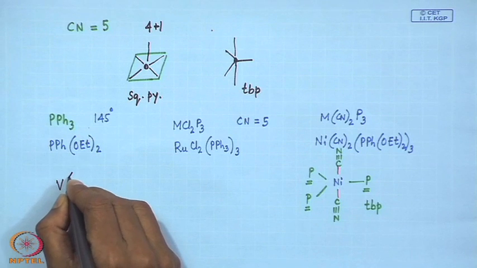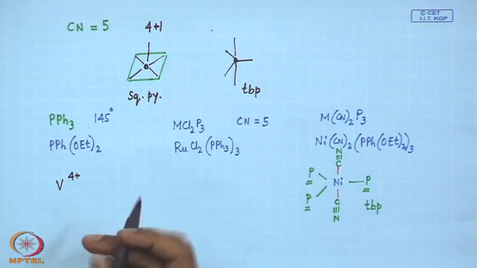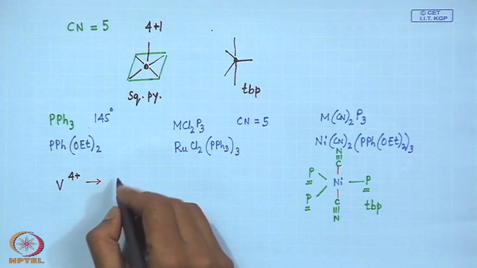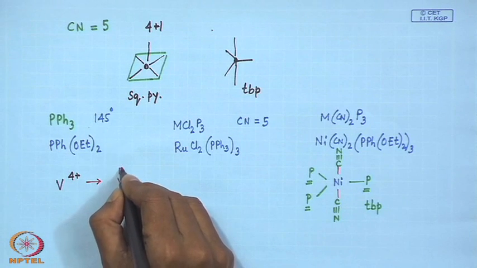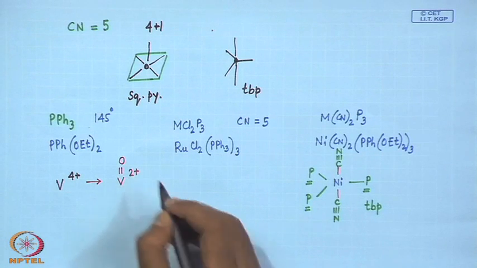But if we have some situation where the corresponding oxo species of the metal center, the Vanadyl species VO2 plus, is present, instead of vanadium 4 plus, so tetravalent vanadium, since it has some affinity for oxygen atom, it can form very easily the corresponding Vanadyl ion.